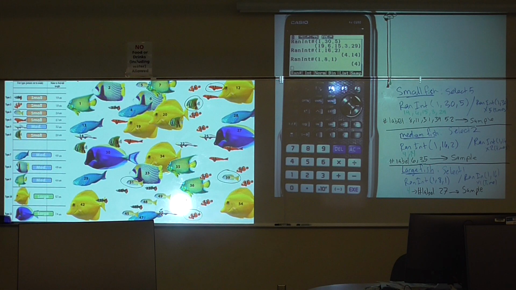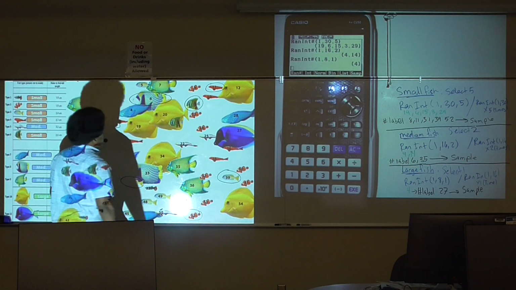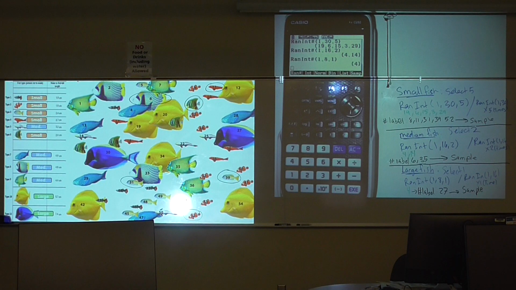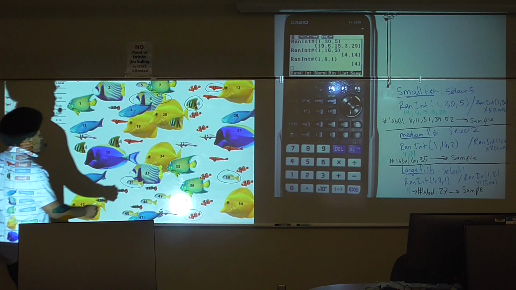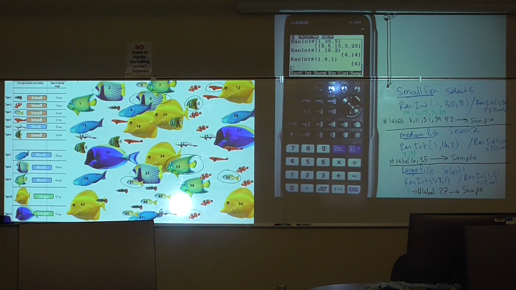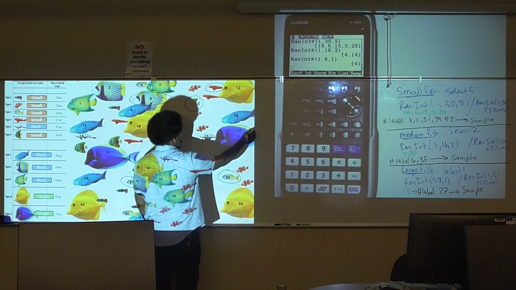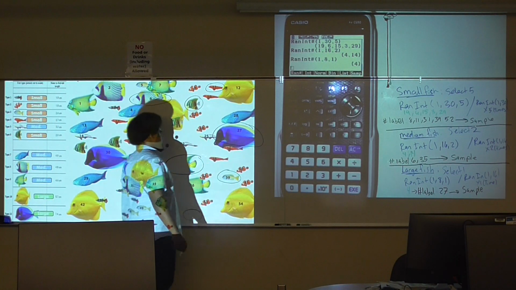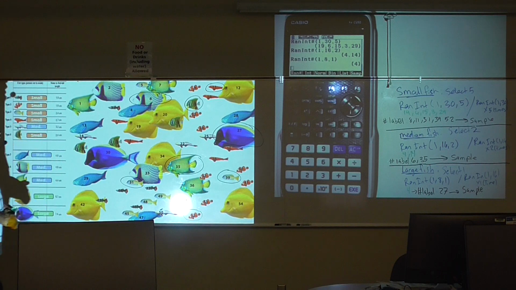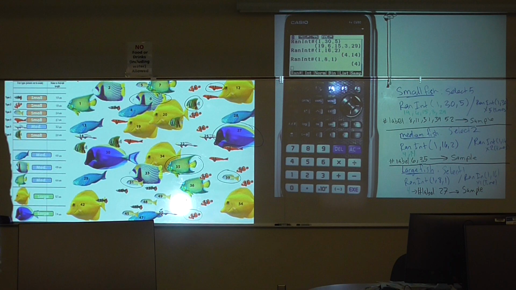Then for the medium, we had 6, which is this guy right here, and 35, which is this fish right here. And then for the large, we had 27, which is this fish right here. So that is our sample that we'll be using to represent the population using stratified sampling.